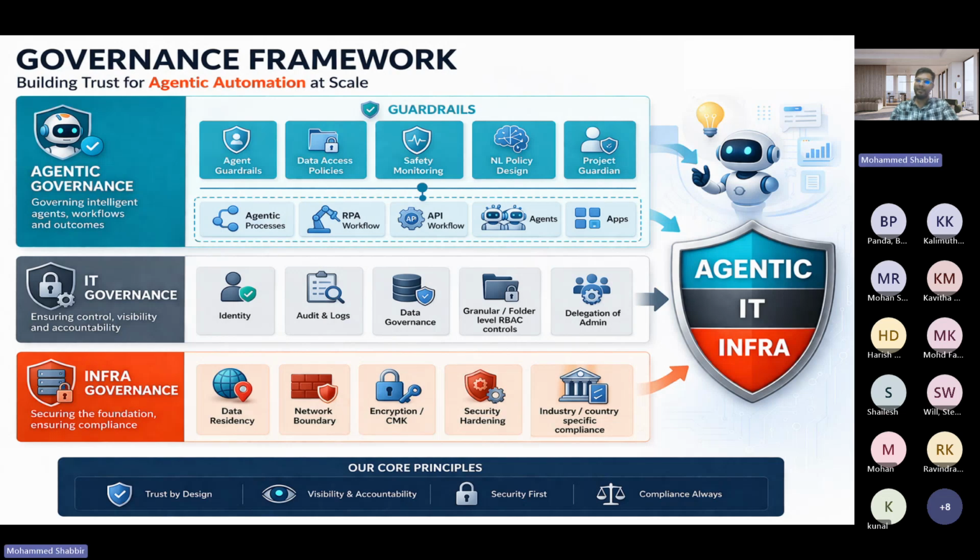The next point comes on the data access policies. Policies means you're defining what data agents can access. We are setting up control over what an agent should be able to access and what it should not access. So you're basically setting up the limit.